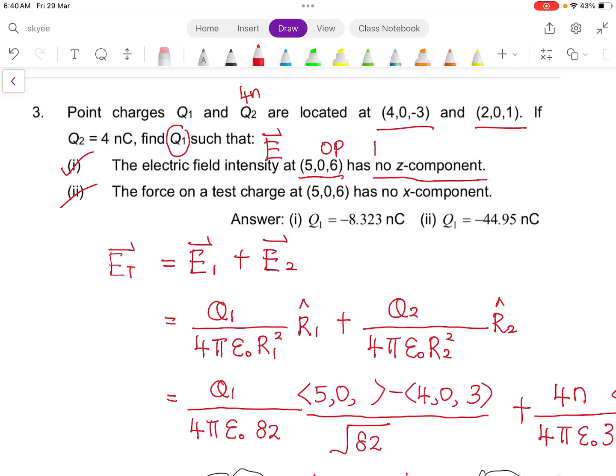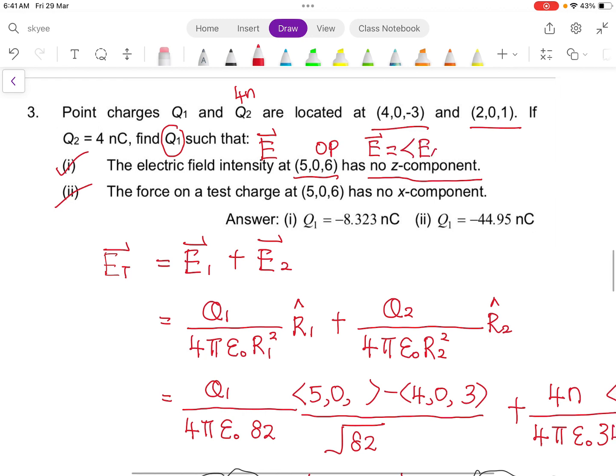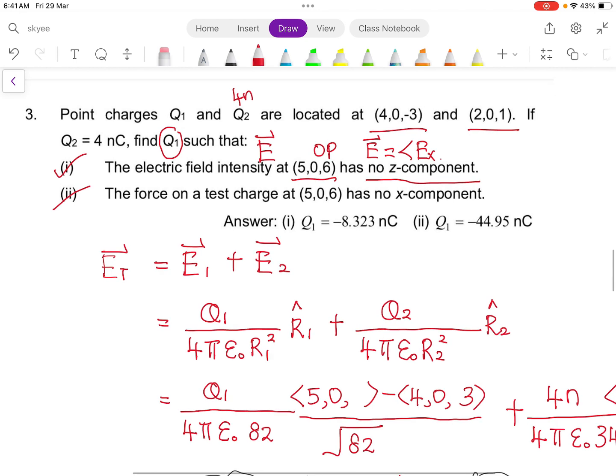Our electric field is a vector quantity, and it has an EX component, an EY component, as well as an EZ component. The question is telling you that there is no Z component for this E, meaning EZ is 0. But they didn't tell you what EX and EY are.